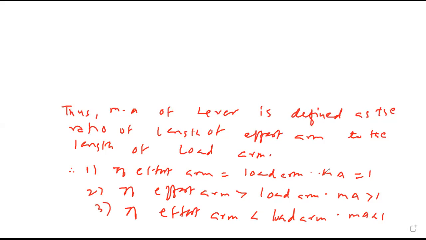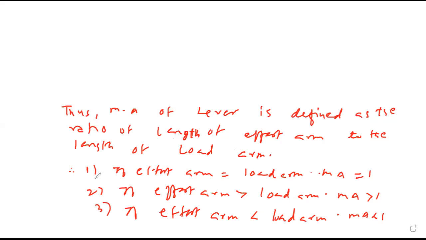What is this line? Length. Sorry, actually my handwriting is good, but with this pad it is not coming. Ratio of length of effort arm to the length of load arm.